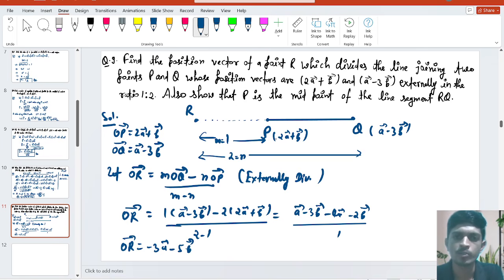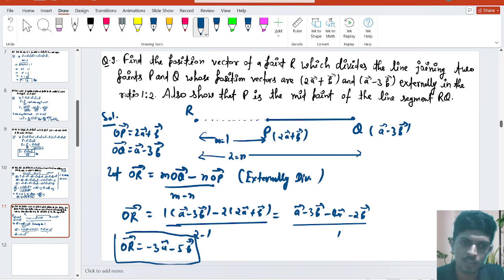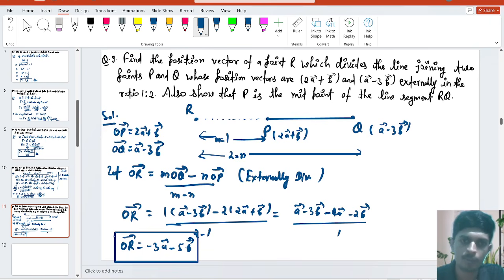So we need to find the vector OR, the position vector of point R, equal to 3 vector A minus 5 vector B. I hope it is clear to you. Okay, so we just simplify here.